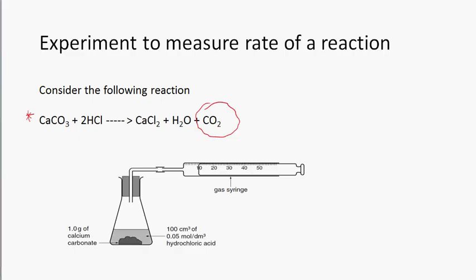So we have a conical flask with the calcium carbonate and the hydrochloric acid, and we are collecting the gas in a syringe so we can measure the volume of the gas. And something that's not drawn here is we need to have a stop clock, because what we are doing is we are measuring the volume of carbon dioxide produced over time.